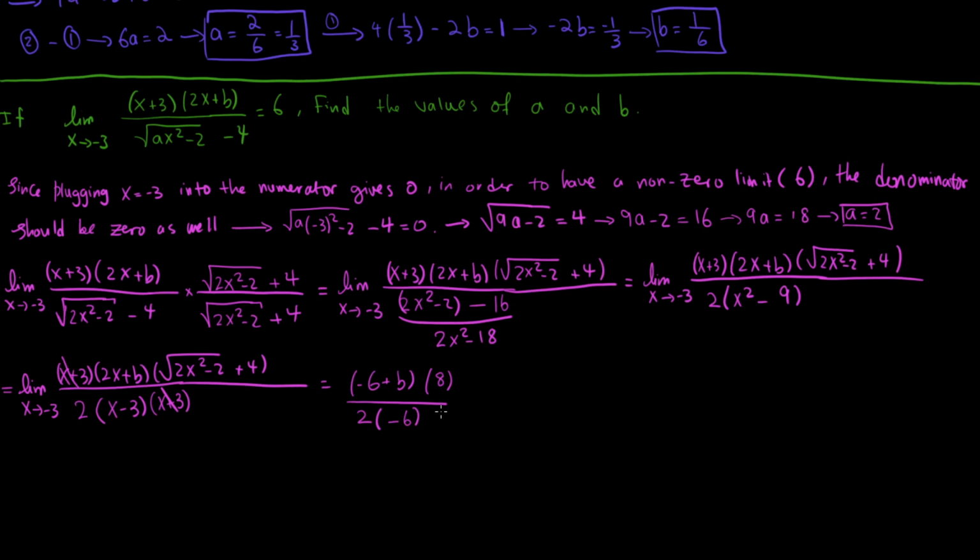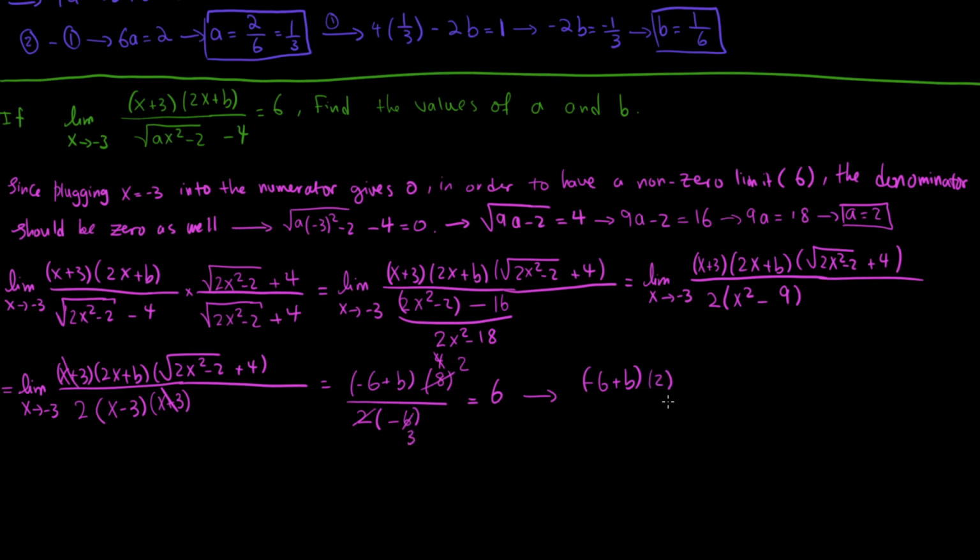And what was this supposed to be equal to? The limit needed to be equal to 6. And hey, look at that. This gave you an equation for b. So you get (−6 + b) over... you can simplify the 8 and the 2, so that leaves you with a 4. You can simplify the 4 and the 6, so that leaves you with a 2.